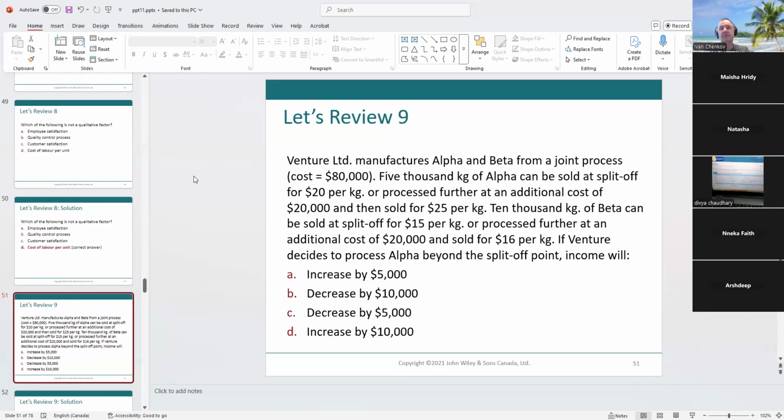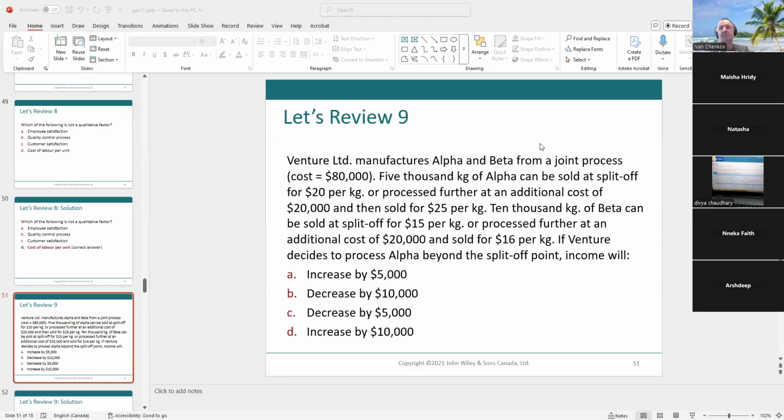Because it's a sunk cost. 5,000 kilograms of alpha can be sold at split-off point for $20 per kilogram, or we can process it further for additional cost of 20,000, and then sell it for 25 per kilogram. 10,000 kilograms of beta can be sold as is at $15 per kilogram, or processed further at additional cost of 20,000 and sold for $16 per kilogram.